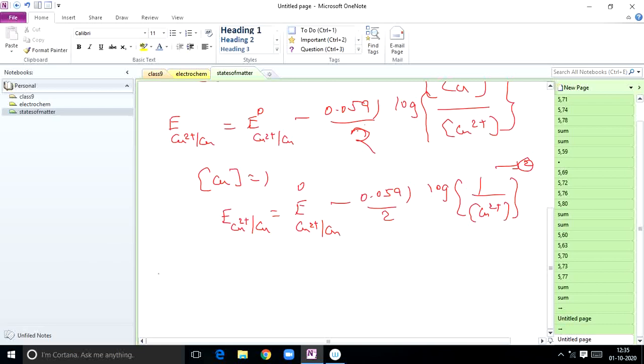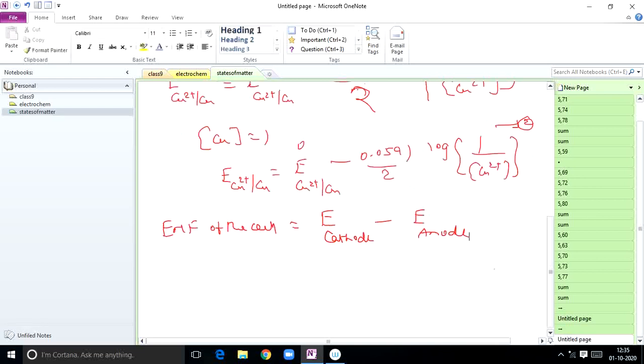Okay, after this, what is the main formula? EMF of the cell is equal to E cathode minus E anode, that is reduction potential at cathode minus reduction potential at anode. Out of the two, which one is cathode and which one is anode?